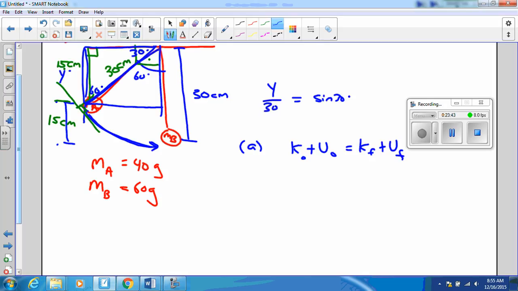The total energy at the beginning is going to be 0 kinetic plus mg times 15 centimeters. I'm going to write that 15 centimeters as 1.5 meters, equals 1/2 mv squared plus now nothing. Now I'm implying that I had a 0 point here, and my 0 point is right at the bottom.